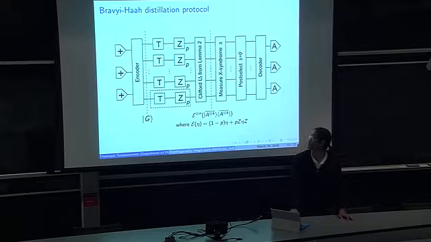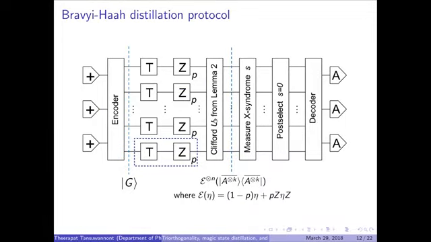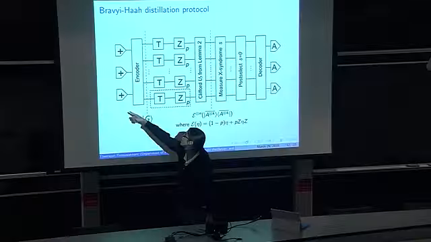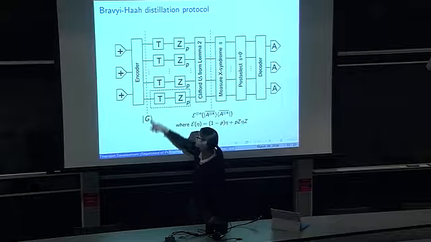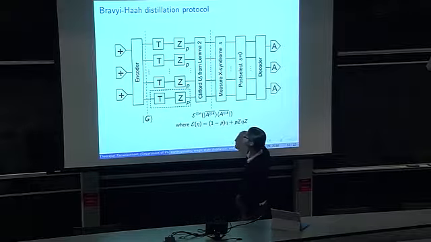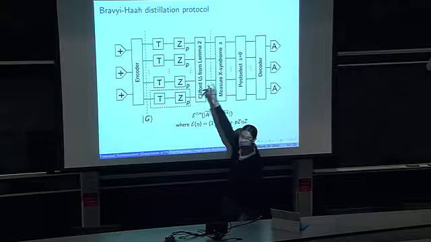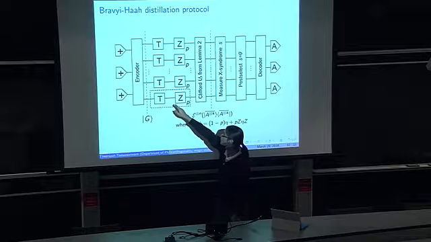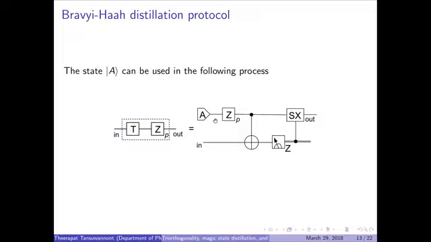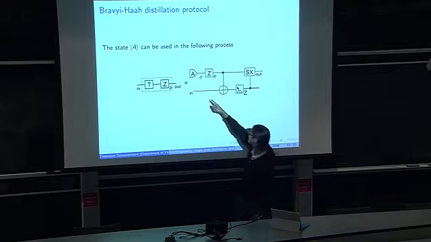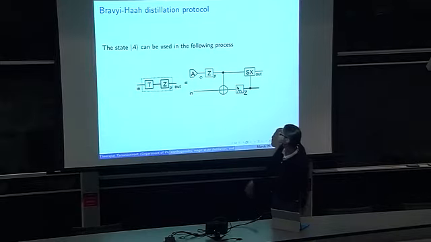And here is the protocol. So first, we will prepare a plus state here, and then we will use the encoder of the triorthogonal code, and here we will get a state G. And after that, we will apply an operation on every qubit. We can call it the noisy T gate, which looks like this. This operation can be implemented by using an imperfect state A here and other Clifford operators and also measurement.